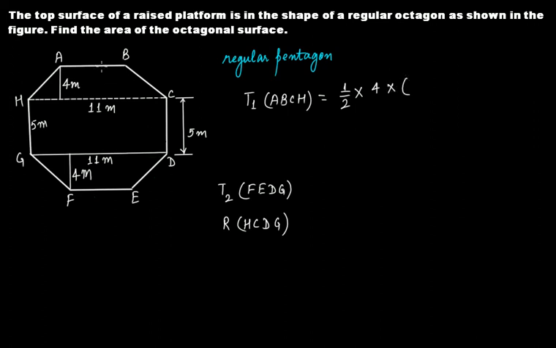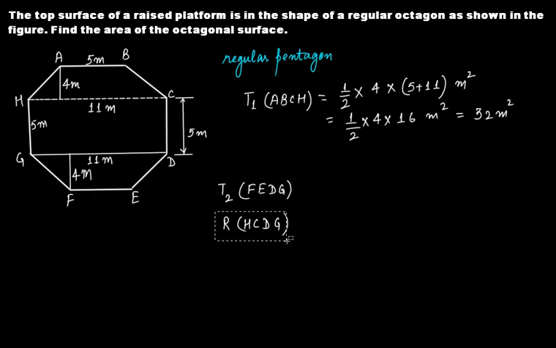In this case, this is 5 meter and this is 11 meter, 5 plus 11, that is 16 meter. So from here, you get half multiplied by 4 multiplied by 16 meter squared. This gives you 32 meter squared. So the area of this trapezium is 32 meters squared. You have to remember this one.